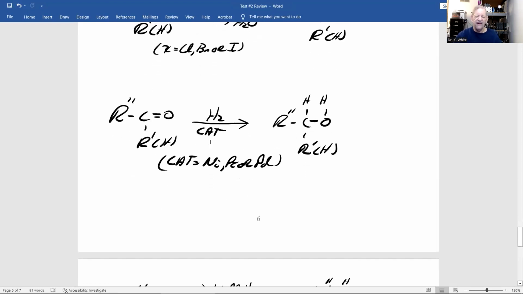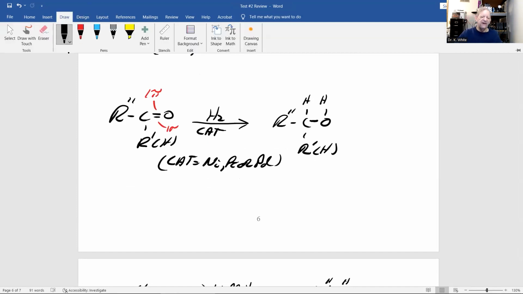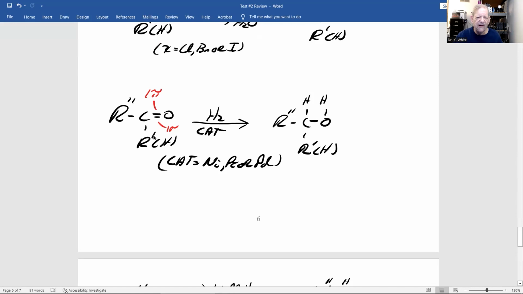Now, we have a ketone or aldehyde. Remember, we have one pi bond and one sigma bond. As you learned, if you take hydrogen and a catalyst, where the catalyst could be nickel, platinum, or palladium, you break the pi bond, each atom of the double bond, carbon and oxygen, gets a hydrogen, and everything else comes along for the ride.